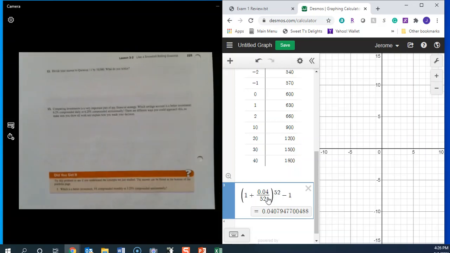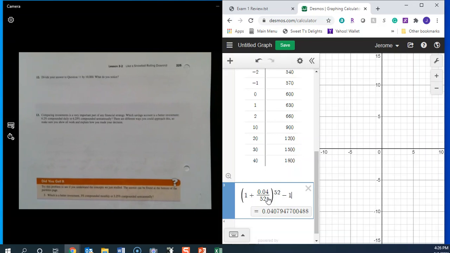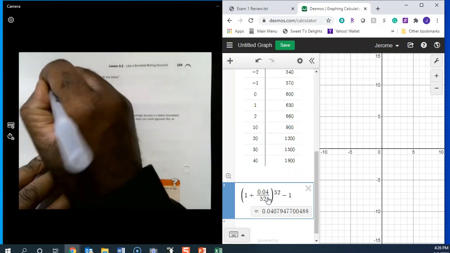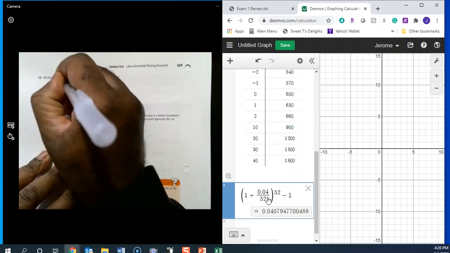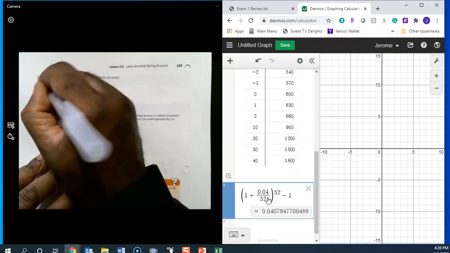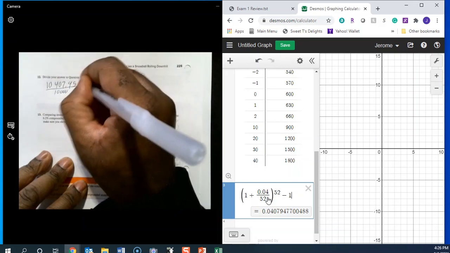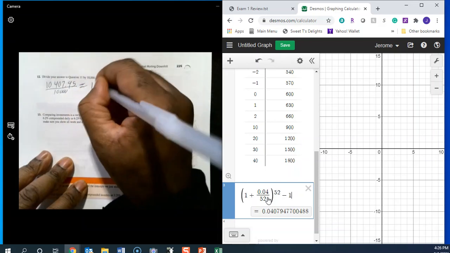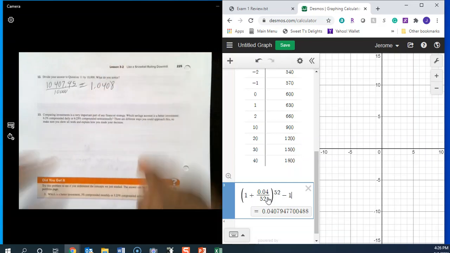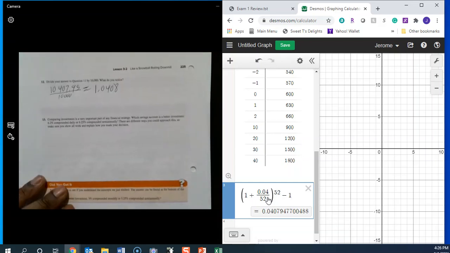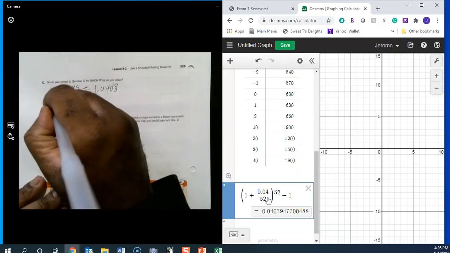Okay, now we go here to the back. Number 12, it says divide your answer to question 11 by 10,000. What do you notice? So our answer for question 11 is $10,407.95 divided by 10,000, which would be approximately 1.0408. And then it says, what do you notice?